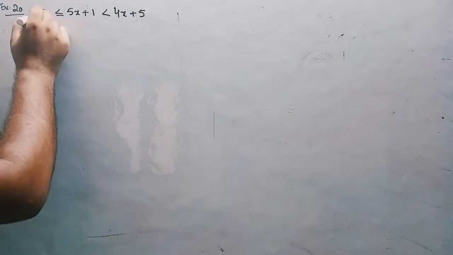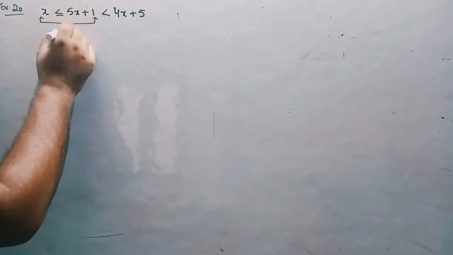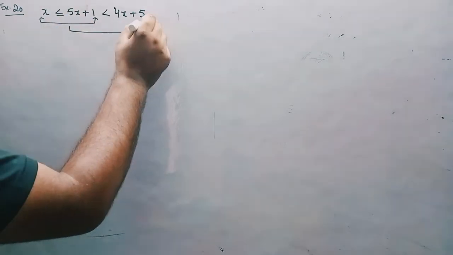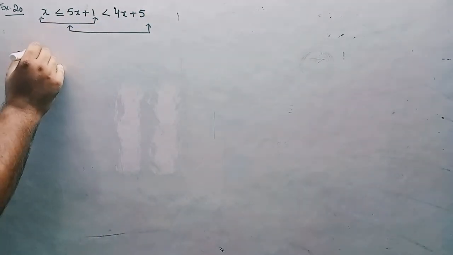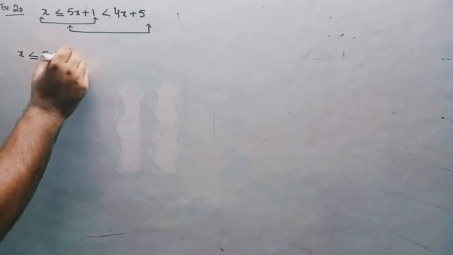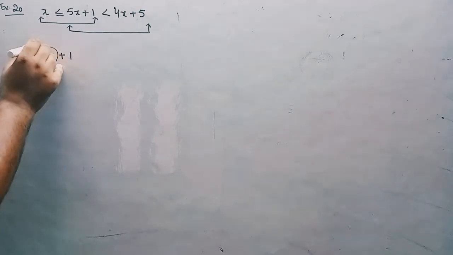I will split this. पहले इन दोनों को करते, फिर इन दोनों को करते. So first I will take x is less or equal to 5x plus 1. What I should do, this 5x I will transpose here.